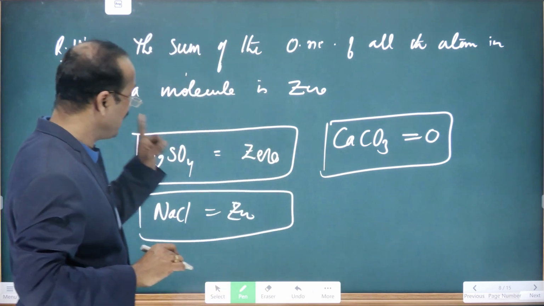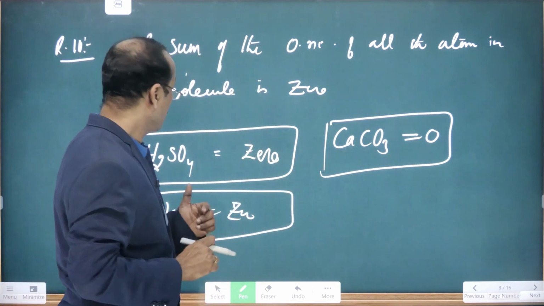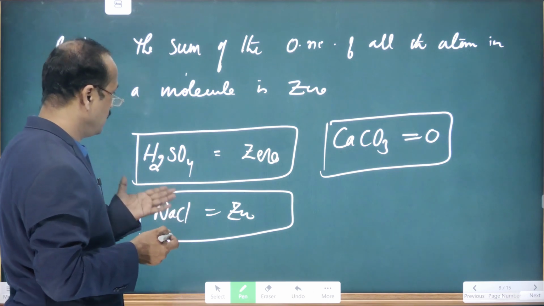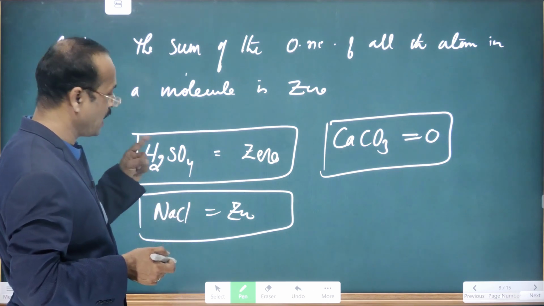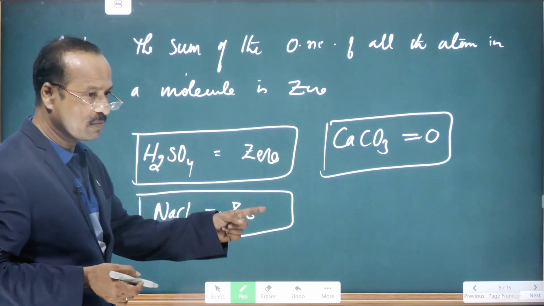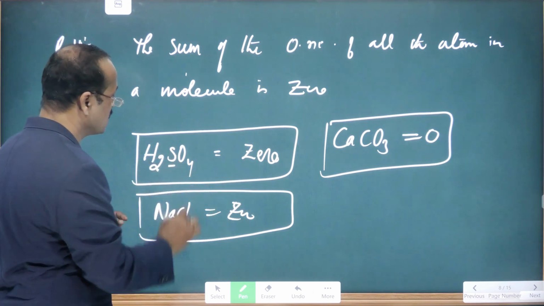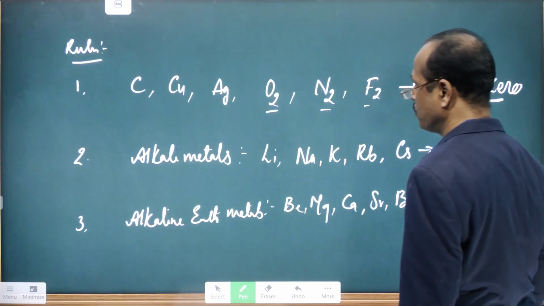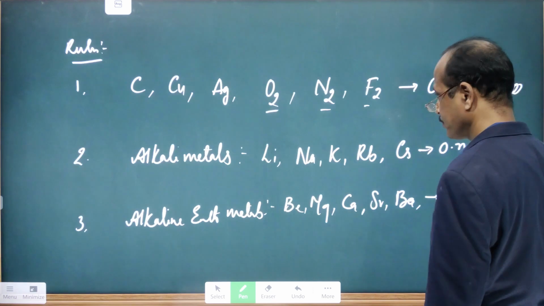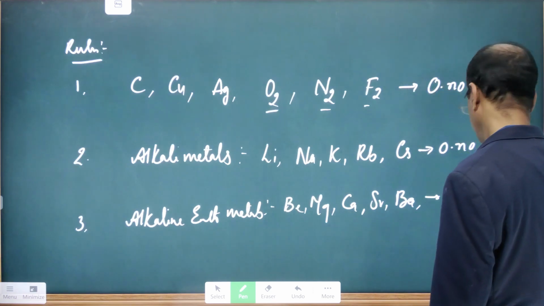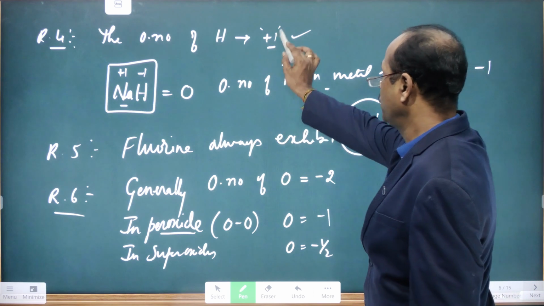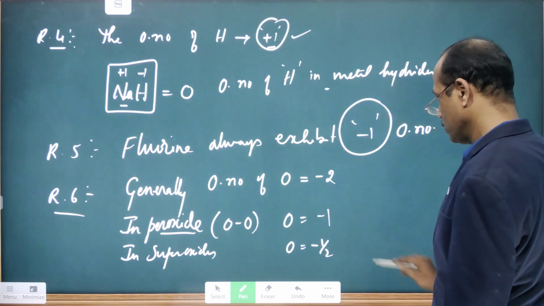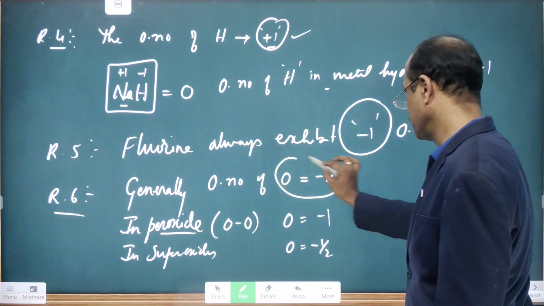So this point helps us in calculating the oxidation number. For example, previously I discussed the hydrogen oxidation number, +1, and the oxygen oxidation number, generally minus 2.